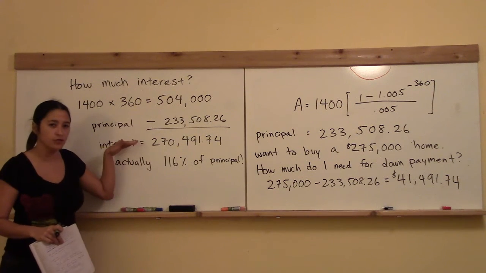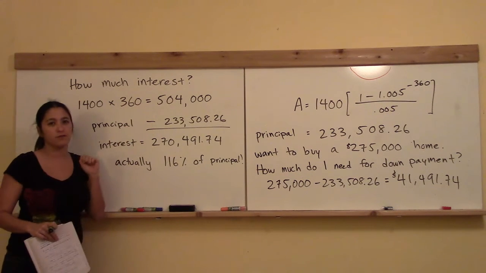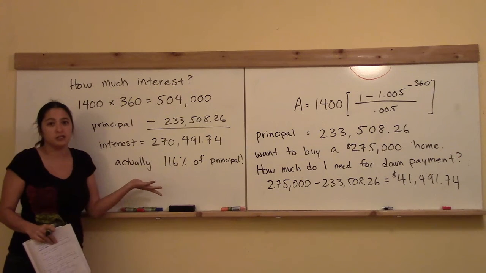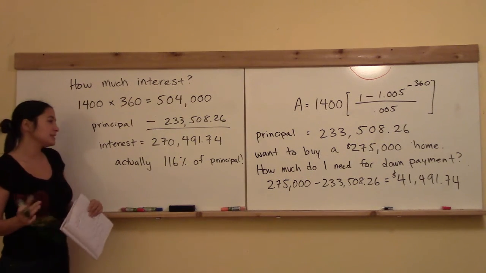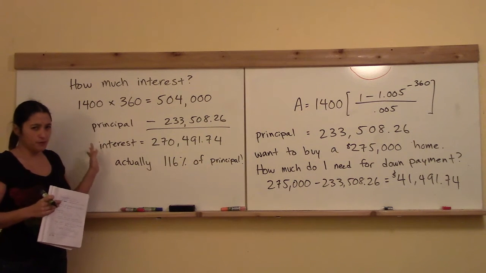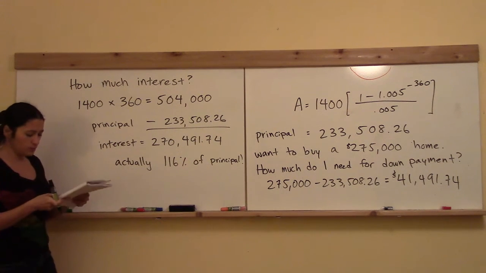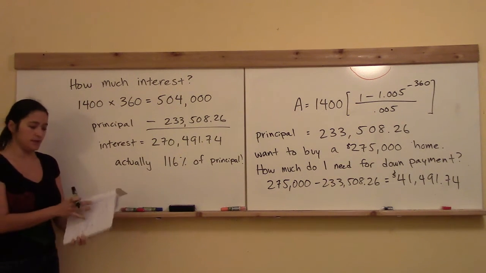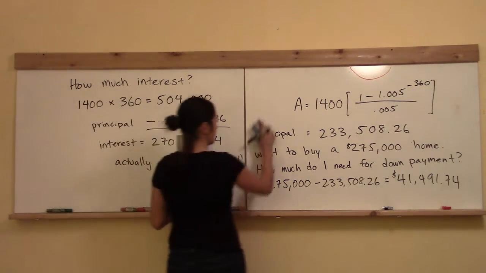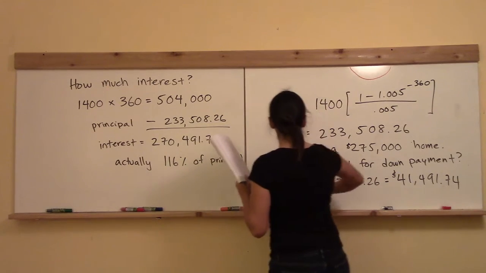You're paying back more in interest than you actually borrowed in the first place. You end up spending enough for a whole second home, just in the interest. That's why banks like to give mortgages. And just be aware, be very aware of the type of deal that you're getting into, because that's what ends up happening.